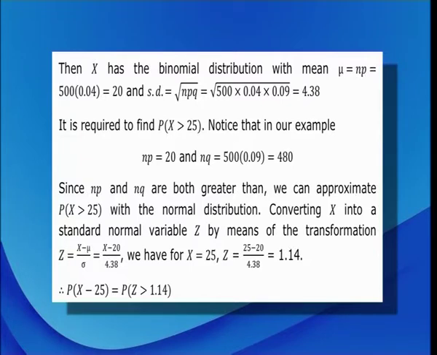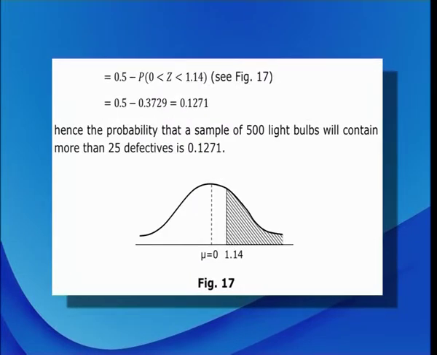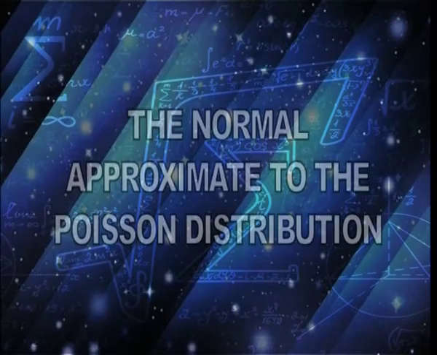Probability of x greater than 25 equals probability of z greater than 1.14, which is equal to 0.5 minus probability of 0 less than z less than 1.14. So this is equal to 0.5 minus 0.3729, which is equal to 0.1271. Hence, the probability that a sample of 500 light bulbs will contain more than 25 defectives is 0.1271.